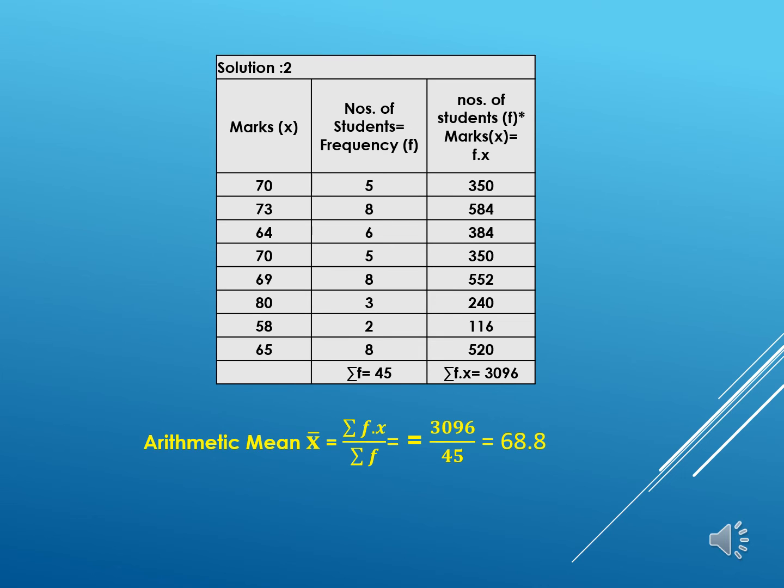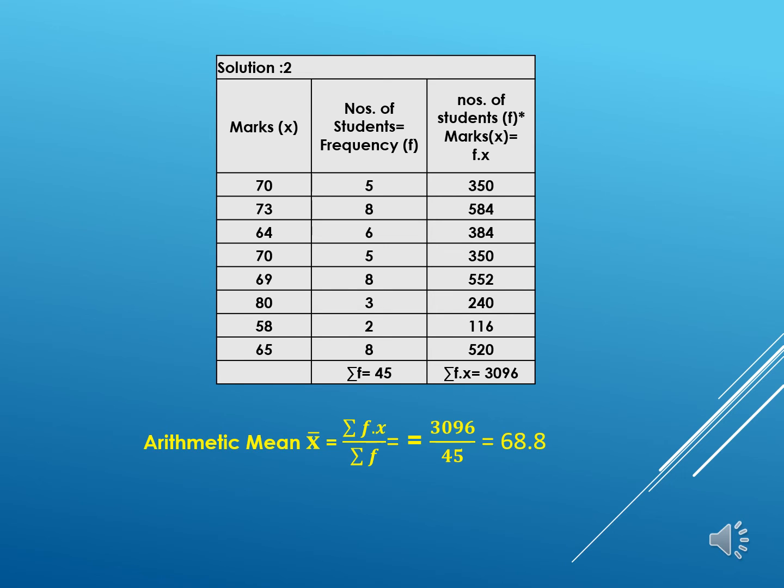After writing marks x in column 1 and frequency in column 2, calculate the data of column number 3. So data in column number 3 will be data in column number 1 multiplied by the data in column number 2, that is marks into frequency.